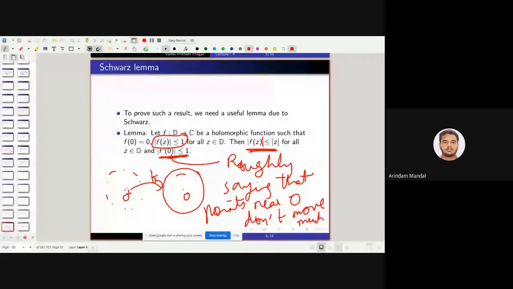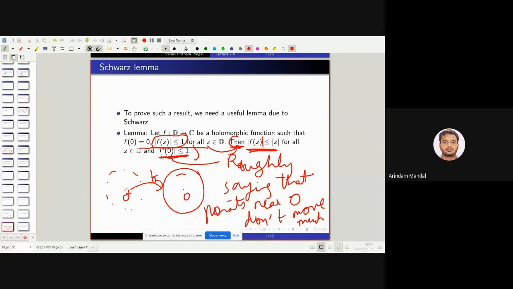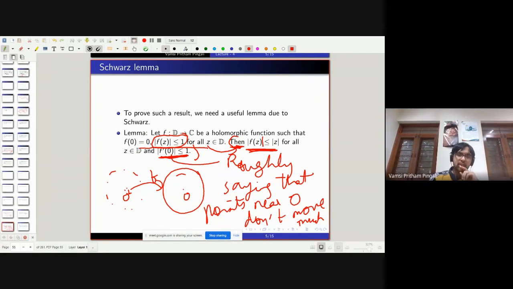But the result says mod f of z should be less than or equal to mod z for all z in D. So it will be within the interior of the disk. Yes, but that is a consequence, not an assumption. That is a consequence of the assumptions. That's the theorem. So ultimately we can have the image inside. Yes, absolutely. Good.